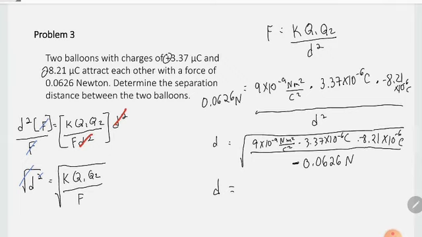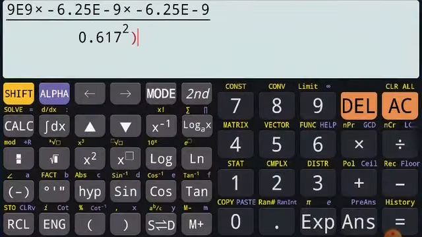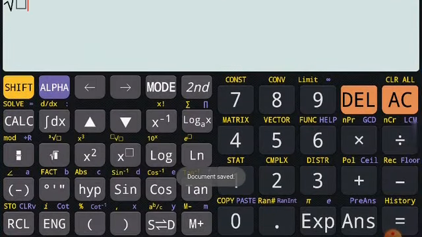Okay, let me get to the calculator. So, I clicked the square root.